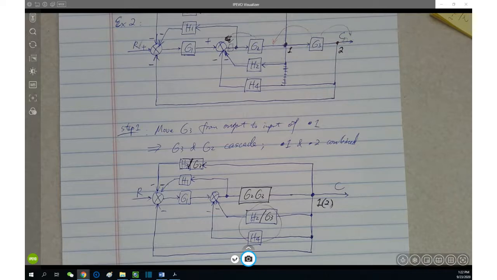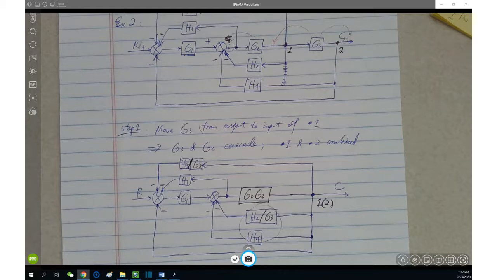So I'm thinking either we can move G2, G3 to the pickoff point before it, or I don't know if playing with G1, moving it to R and then combining those two summing junctions, would be a better route. Actually, I agree with both ideas.